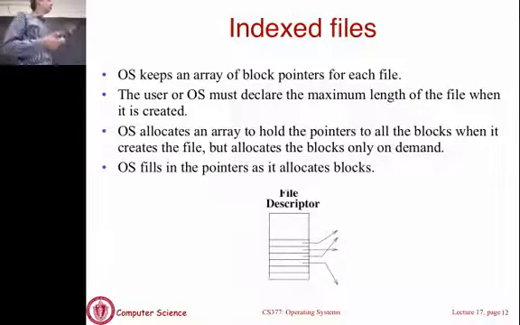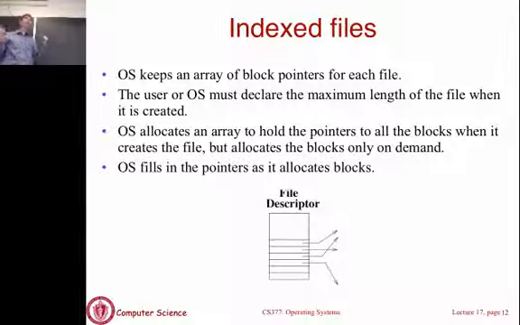Now we're going to keep a bunch of pointers to every single block of the file. Now, those sectors could still be scattered all over the disk, right? So we're still not imposing that they're allocated, laid out continuously, but we're going to be able to look them up immediately, because if we want to look at the last block of the file, we just go to the last entry in the index and look up that block.